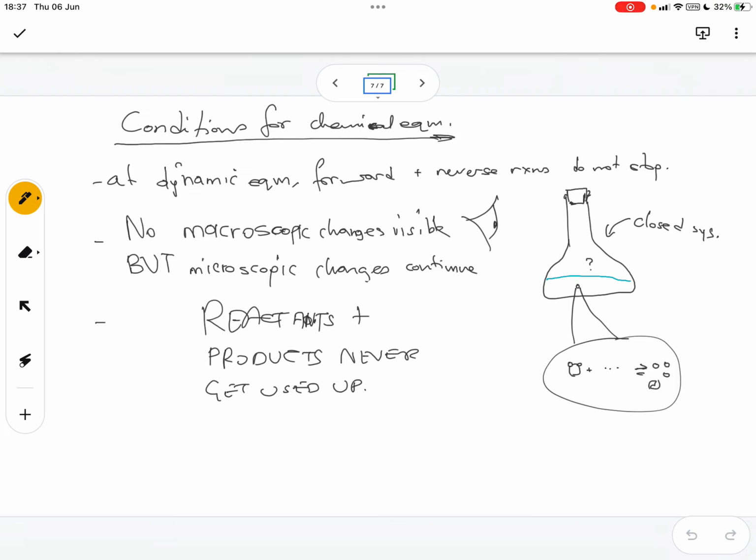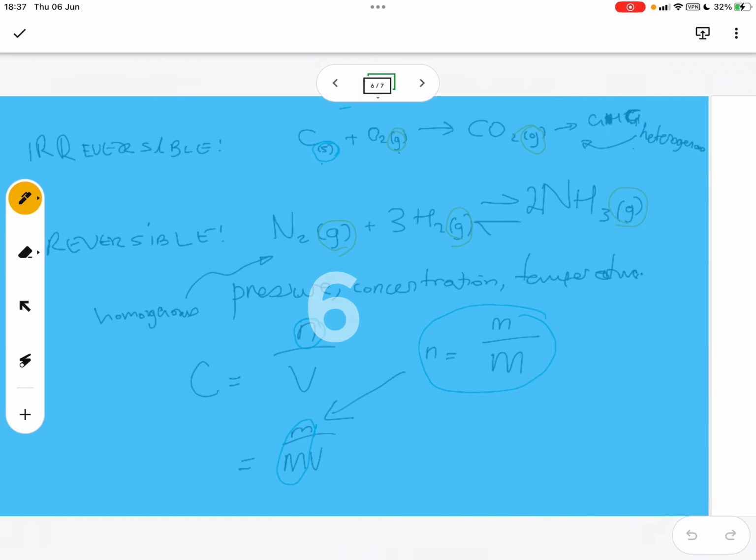And then we also have heterogeneous, where the reactants might be something else and then the products will be something else.